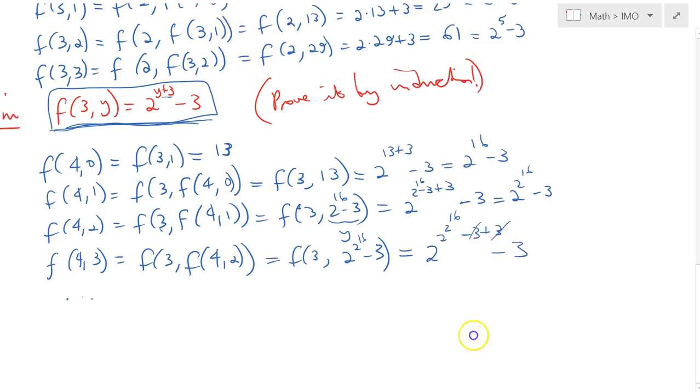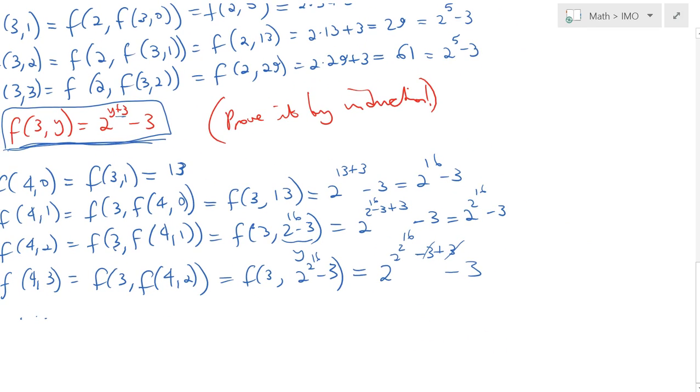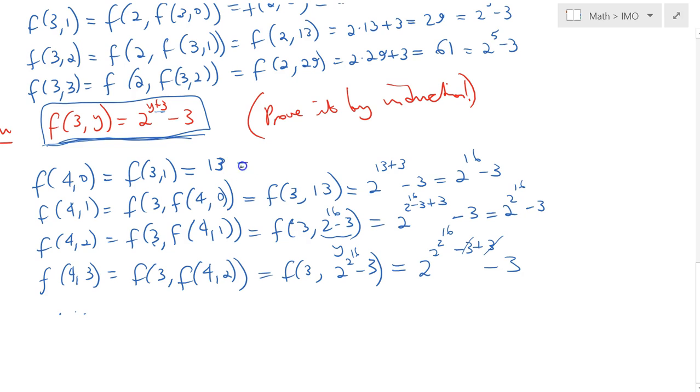Okay, so here emerges the thing. So let's just write it. This is just 2 to the power 2 to the power 2 squared, minus 3. This one is simply 2 to the power, so 16 can be replaced with 2 squared, because that's 4, 2 to the power 4 is 16, and there, boom.